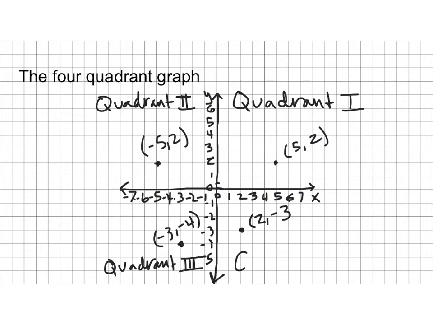And finally, quadrant 4. And that 4 is an IV. Make sure you have all these labeled. You are responsible for knowing which quadrants are which for this unit.